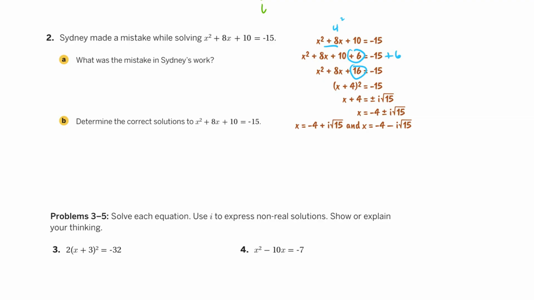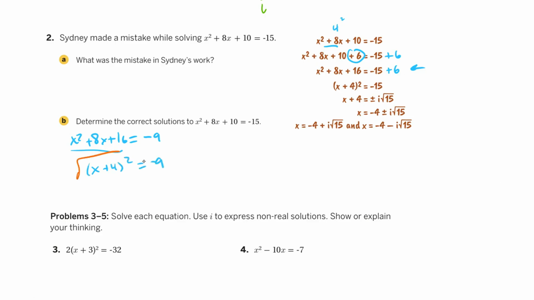So B here says determine the correct solution. Once we get to this step here, I'm going to just rewrite this step as x squared plus 8x plus 16, and then -15 plus 6 would just be -9. I factor this using my identity here to get x plus 4 squared equals -9.